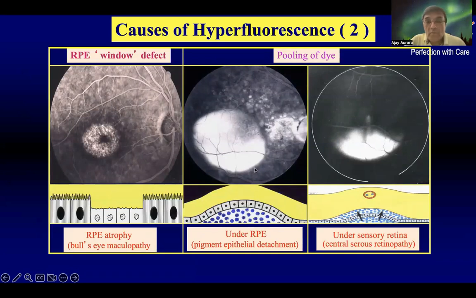You can have pooling of the dye, like in a pigment epithelial detachment under the RPE, and this stains uniformly and doesn't increase after that. This is a situation which is under the sensory retina, again, almost a similar pattern.